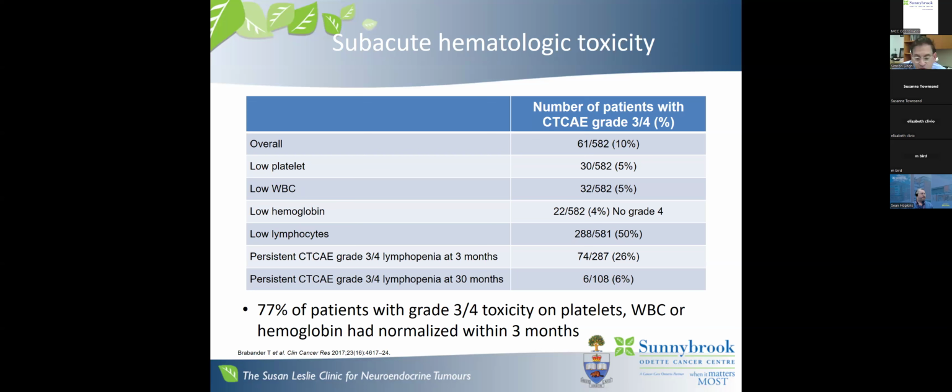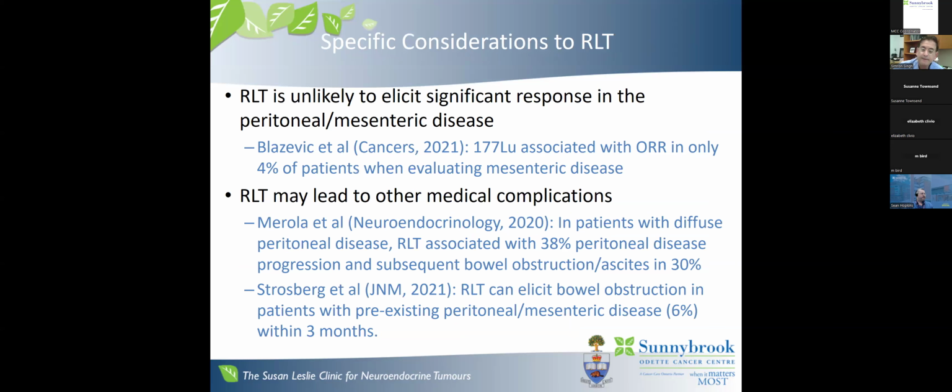And much like I showed you with the LUTHERA study, it seemed that most of the patients do recover their counts, but whether the precipitous drop in counts leads to an increased MDS rate later, we'll have to find out.